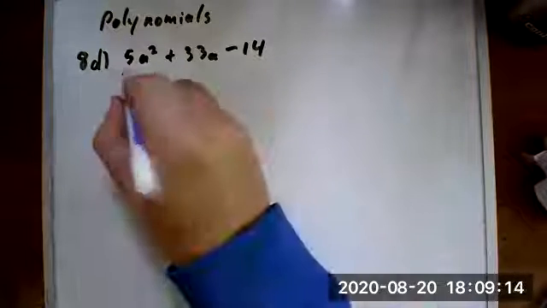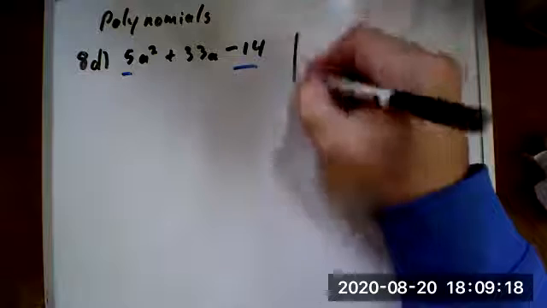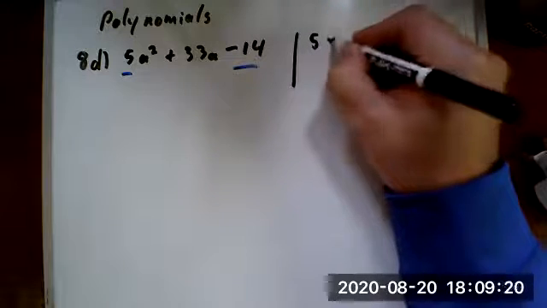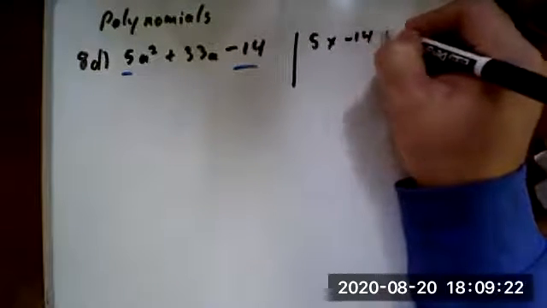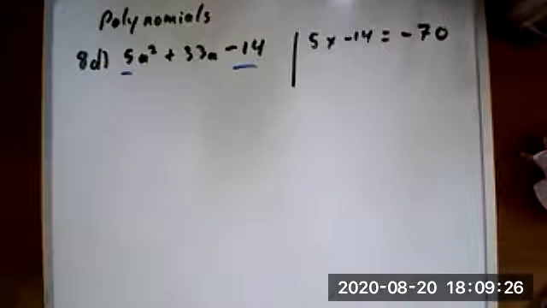Nothing that we can factor out of everything, so we're going to go ahead and multiply our 5 times -14, which gets us -70.